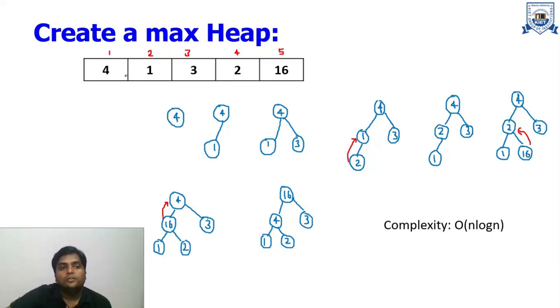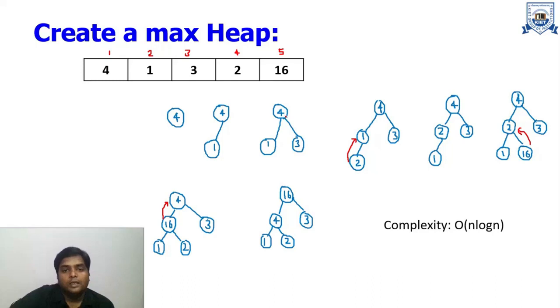Okay, so we will start with the very first node. The first node will be the root node. So this is the first node, 4, I will take in. Then we have the next element 1. We know that in a complete binary tree, the nodes are as far left as possible. So in the next level, the node must be available on the left. So 1 is the left child of 4.